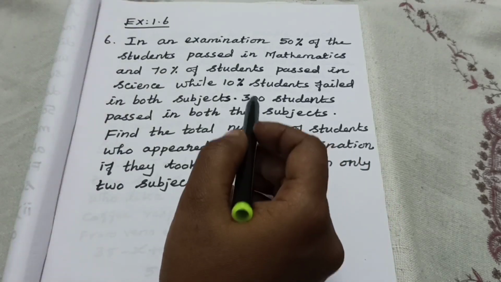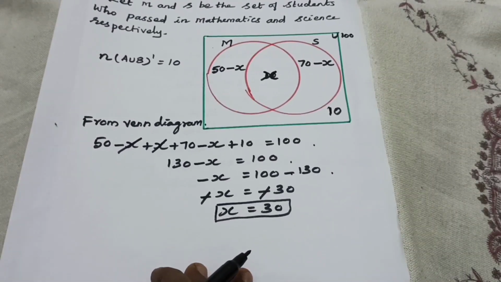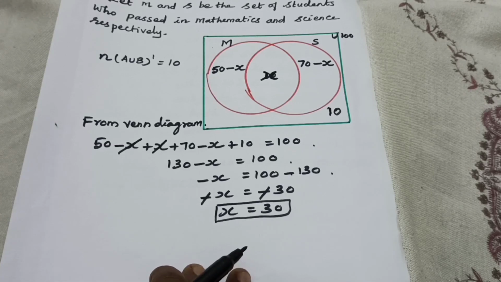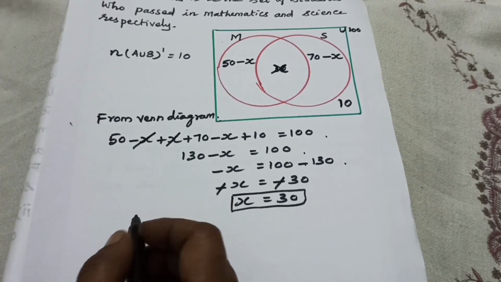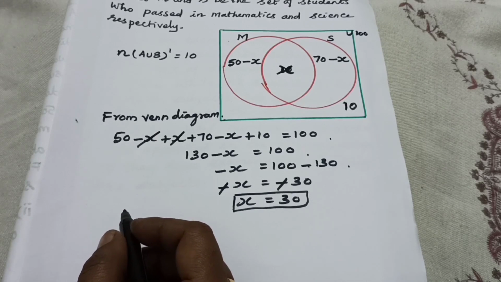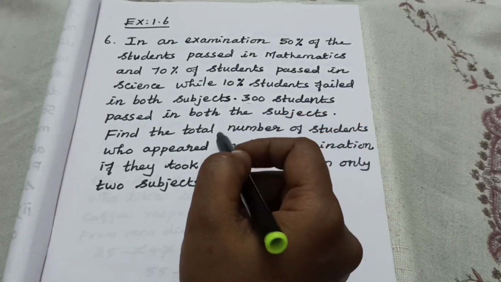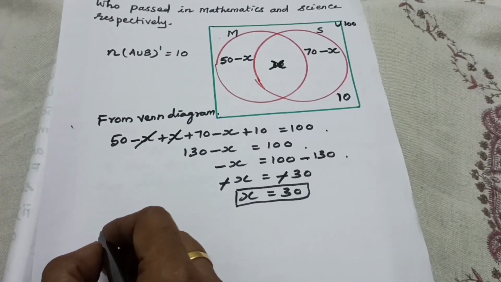Both the subjects, here the number of students who passed is how much? 300, isn't it? So we have to find the total number of students. That means x percentage of the total number of students equals 300, which is given, isn't it?